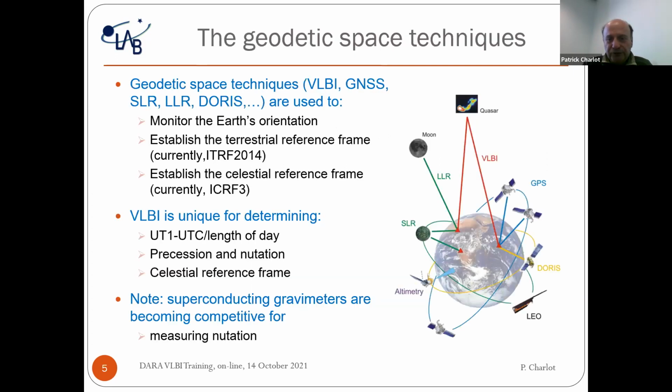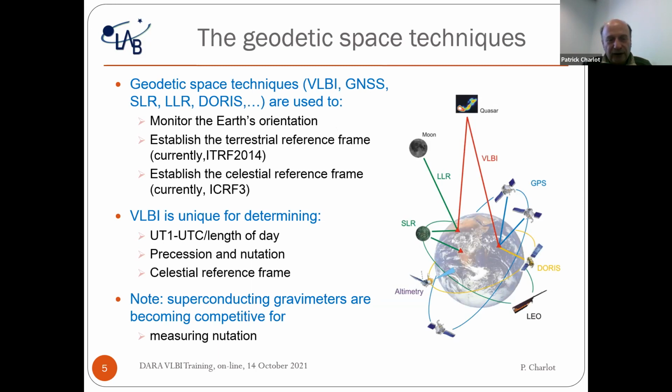So how do you do this in practice? You have a number of techniques that you can use for geodesy, geodetic space techniques. Of course there is VLBI, but there are also satellite techniques, GNSS, which means Global Navigation Satellite System, like GPS.